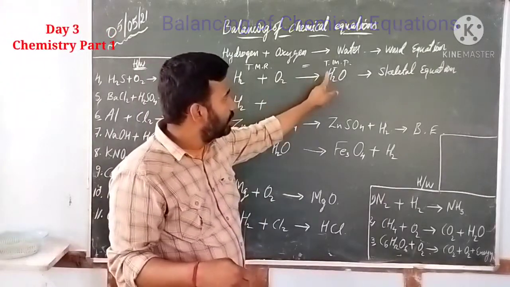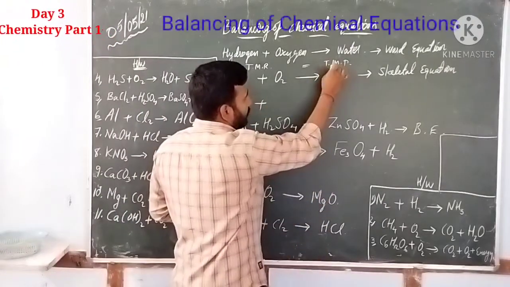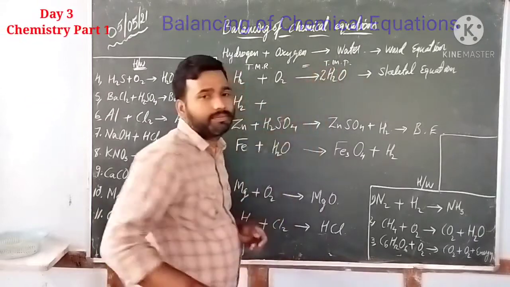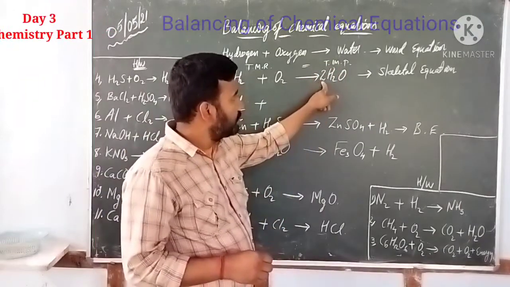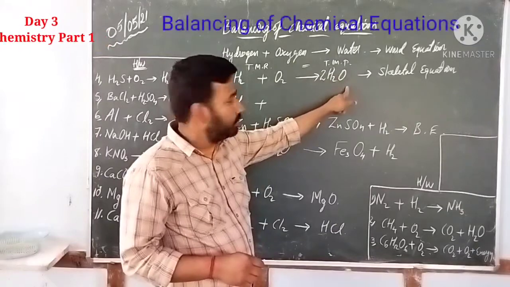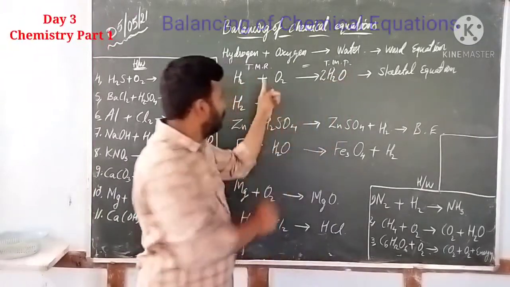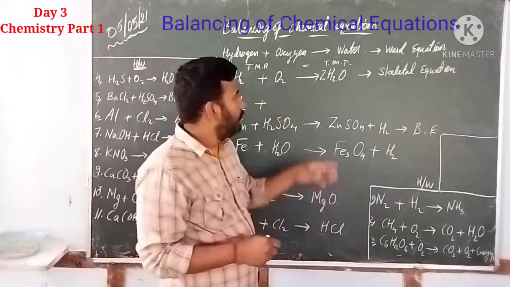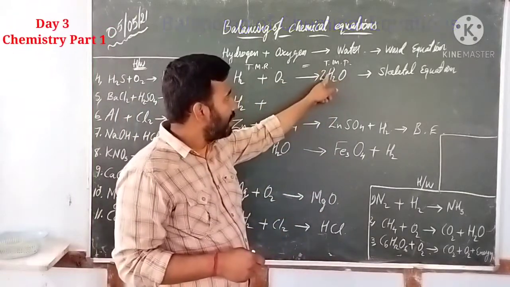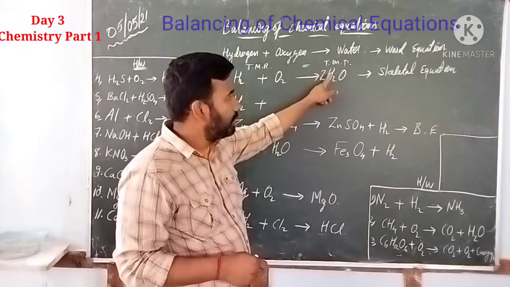So here we need to add 2, that 2 we have to put here. So this 2 is common for both hydrogen and oxygen. Now the number of oxygen atoms on the right hand side is 2, and on the left hand side also 2. But while doing so, what happens to the hydrogen atoms?